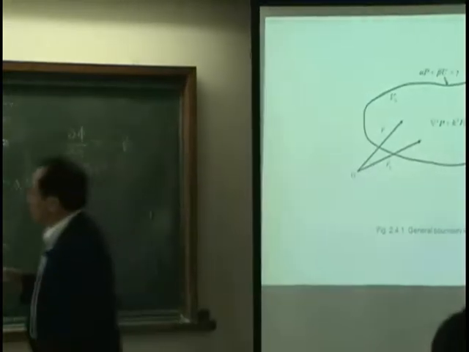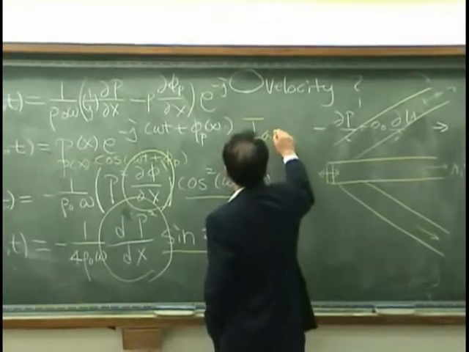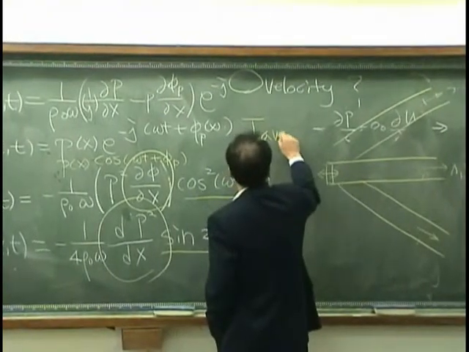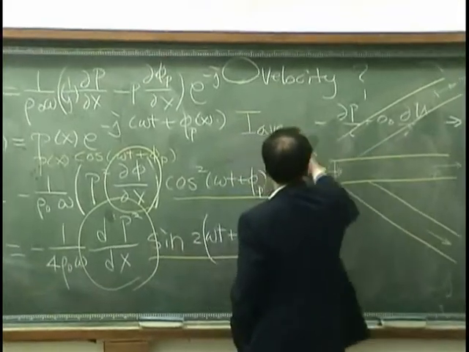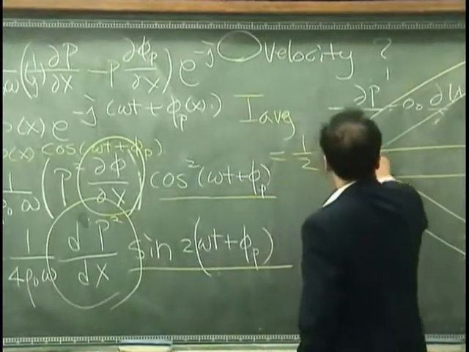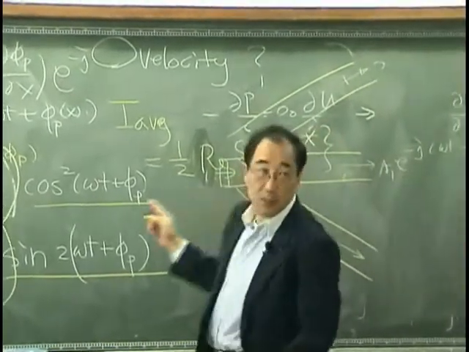But in fact, the active intensity or average intensity, mean intensity, is 1/2, you will find out, real part of... this is simple.